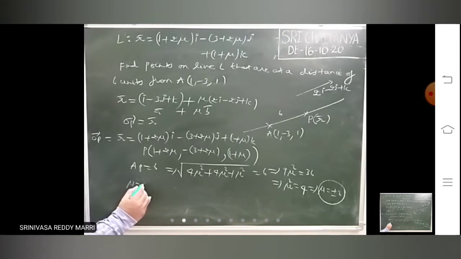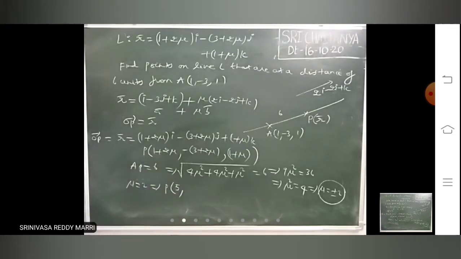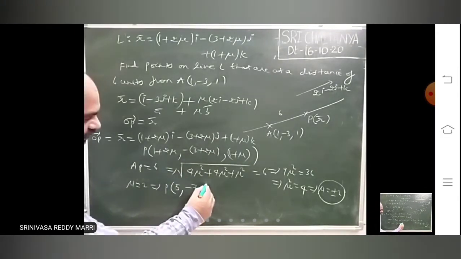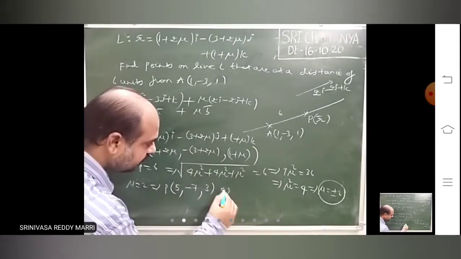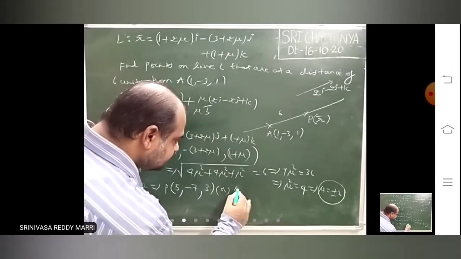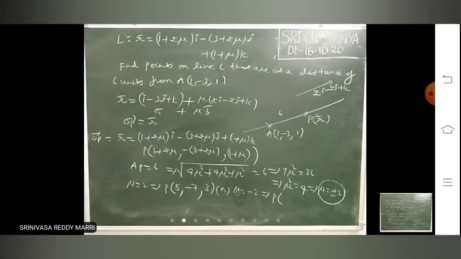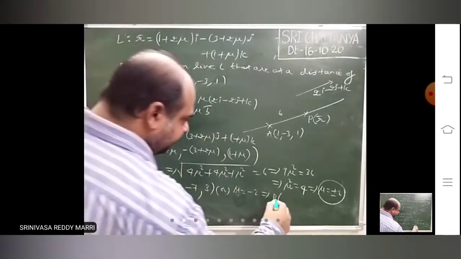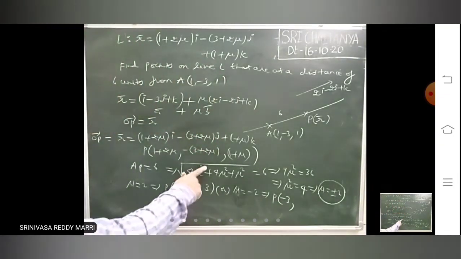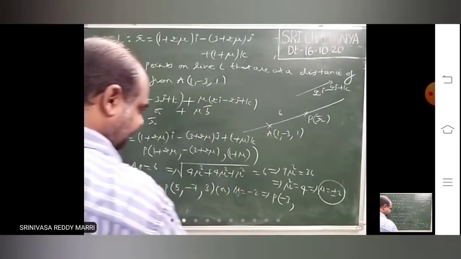Therefore, μ equal to 2 implies the point P is, substituting μ = 2, (5, −7, 3). Or μ equal to −2 implies P is (−3, 1, −1).